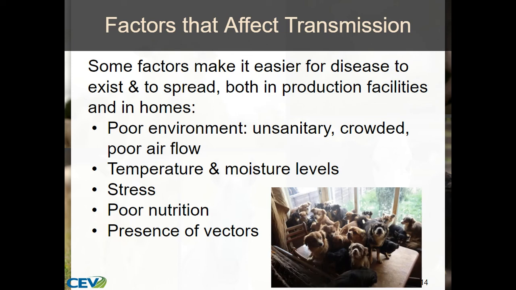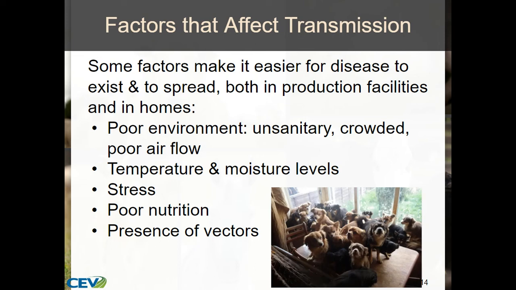Next is temperature and moisture levels. Bacteria, fungus, parasites, etc., all like areas that are warm and moist. And so any area that's hotter and any area that has more moisture, whether that's naturally in the outdoors or inside a facility, is going to make it more likely for animals to get sick because it's a better environment for the things that make them sick to live in.